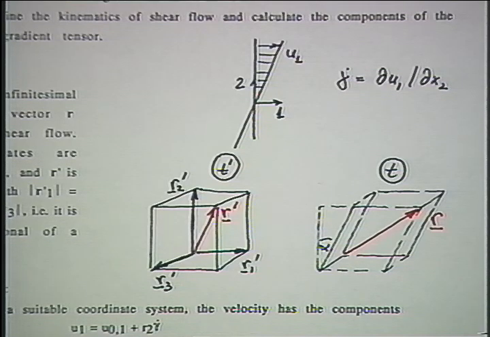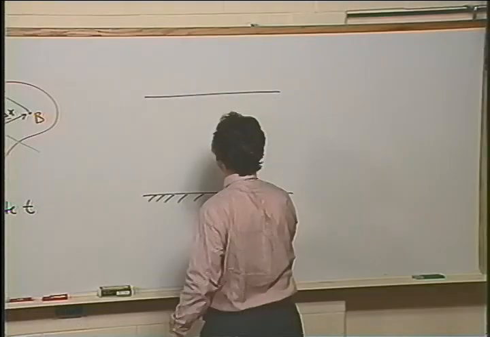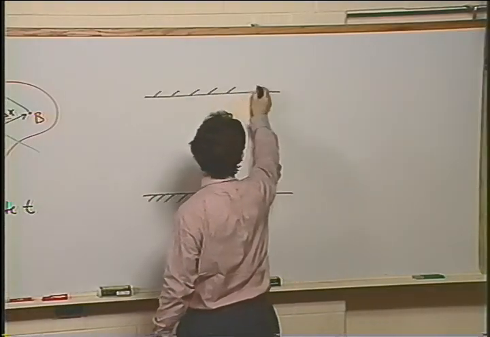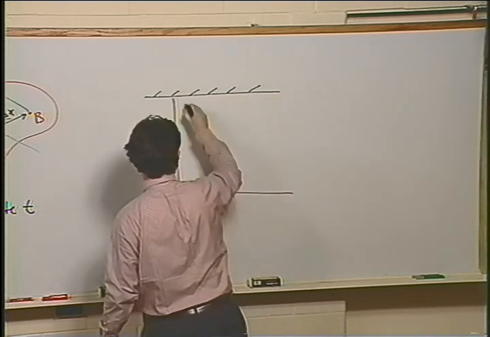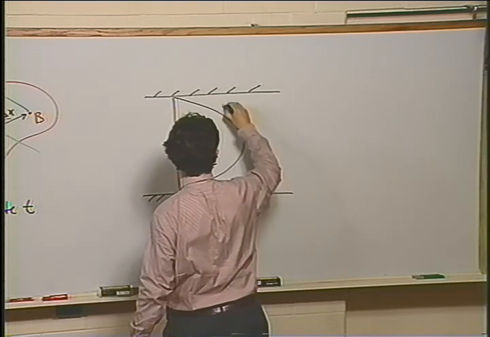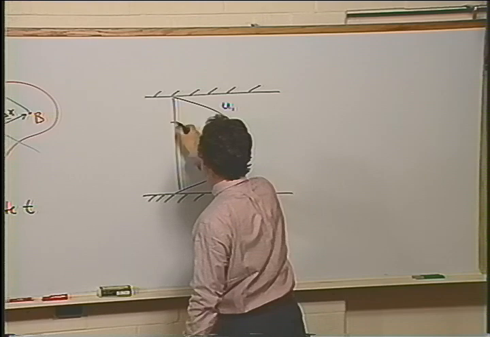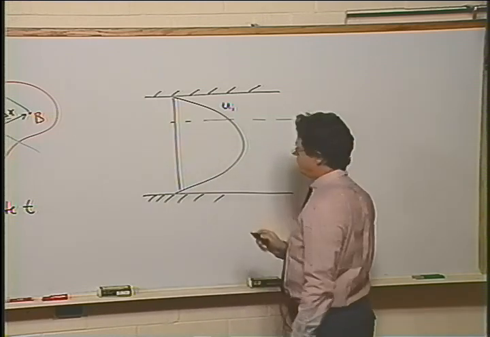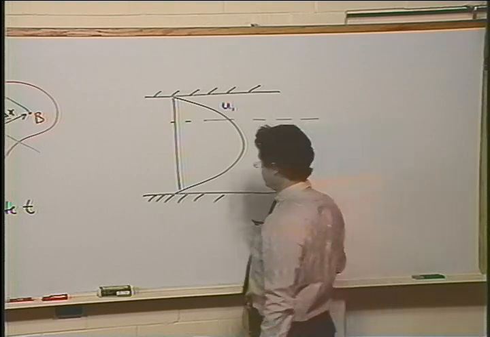picture. Again, we would maybe look at the flow through a capillary. We would have a velocity distribution, something like this, U1, and a material element would move along a certain radial position.